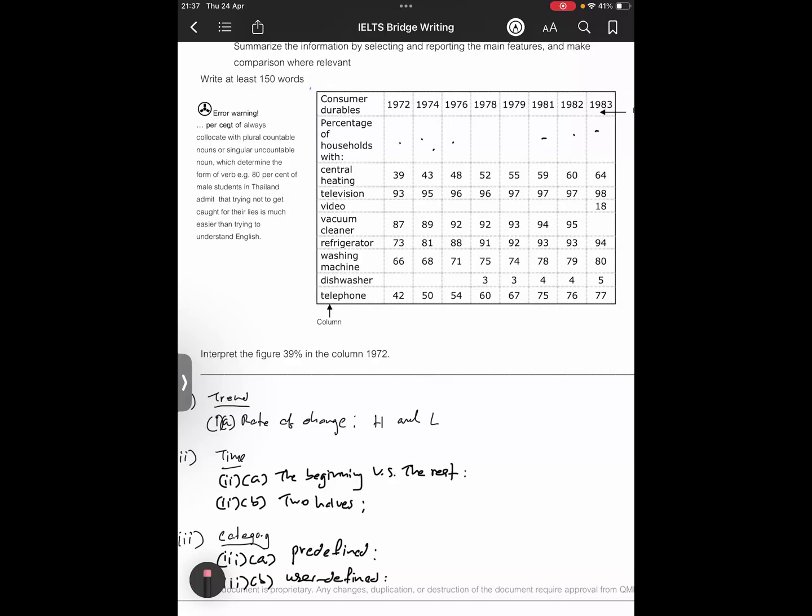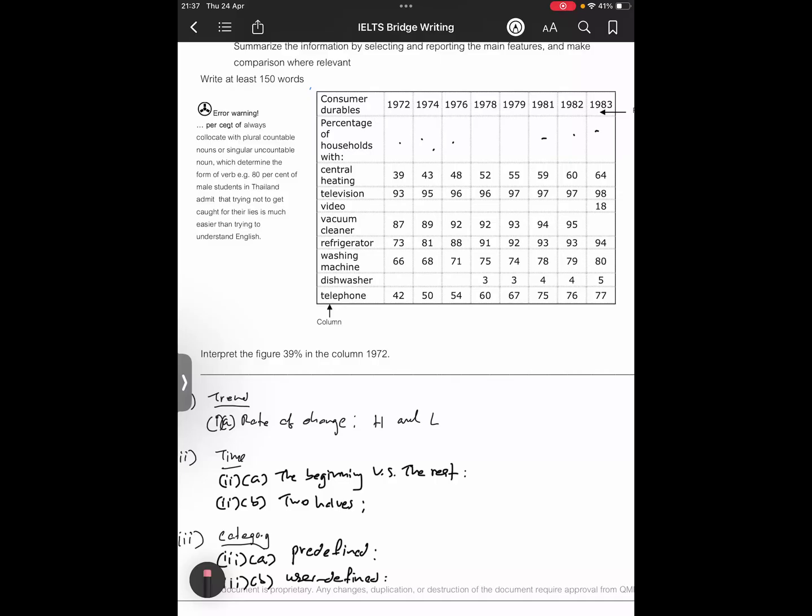Now, television, video, and telephone, these are not rugged. These are not durable appliances. Okay, so these appliances can be considered for entertainment purposes.